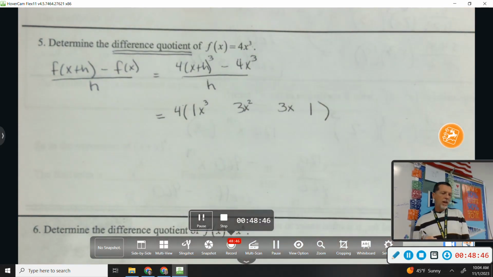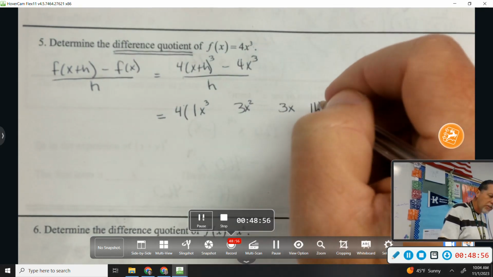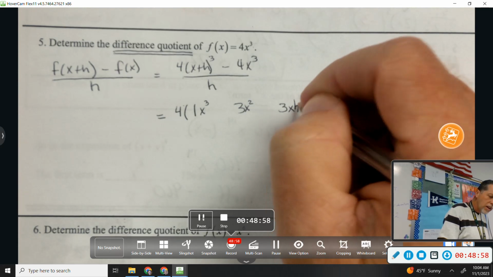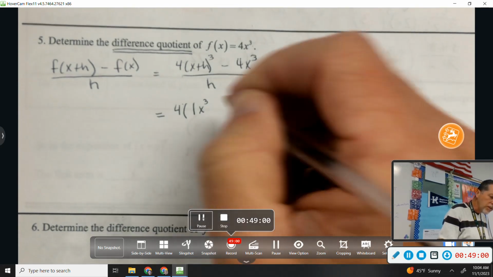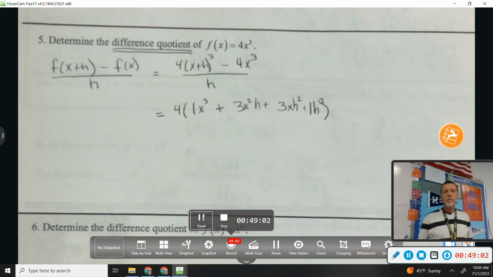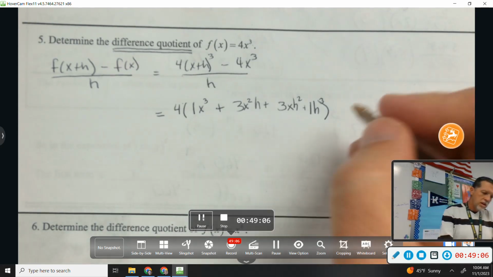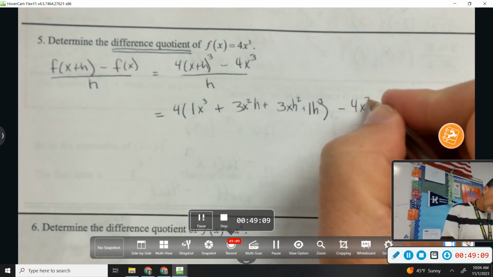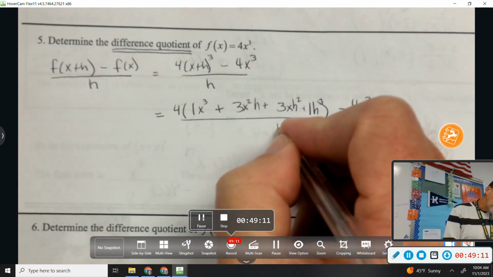And my h's will start at 0 and go up. If you're worried about where to start the h, you can also start at the far end and know that the last term will have h cubed on it, and so work your way down. You can do it that way. And then minus 4x cubed all over h.